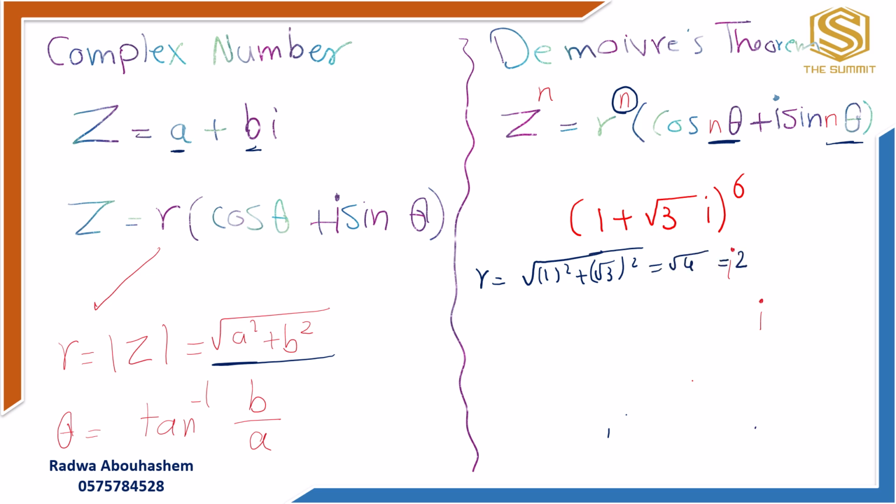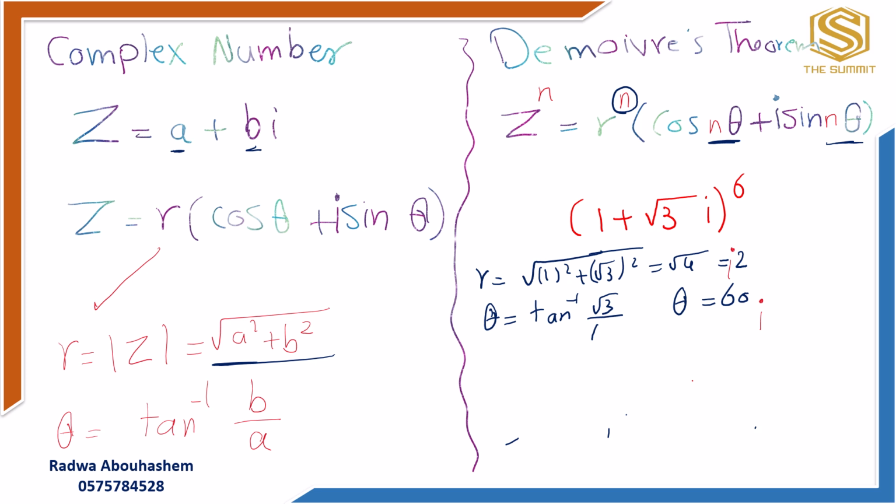Now I need the theta. So theta is the inverse of tan for root 3 over 1. Which theta gives the answer root 3 for tan? So theta is 60. Now I could write it in the polar form, right?